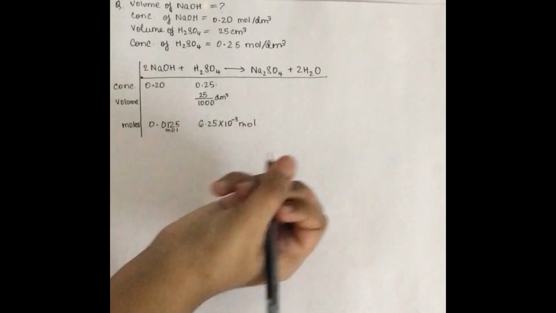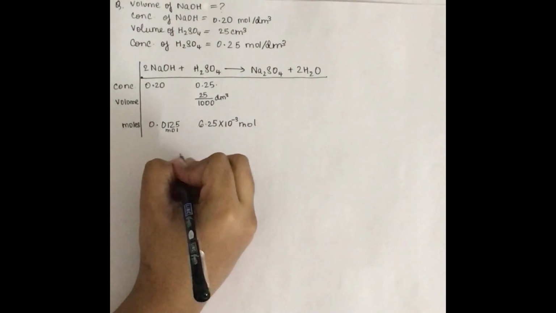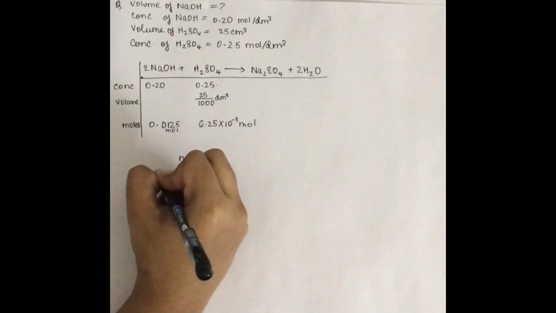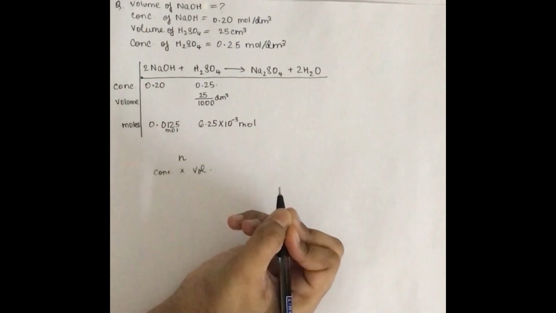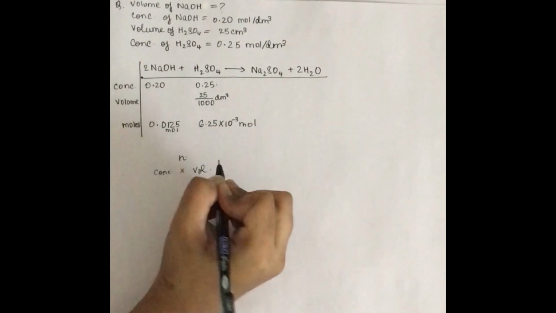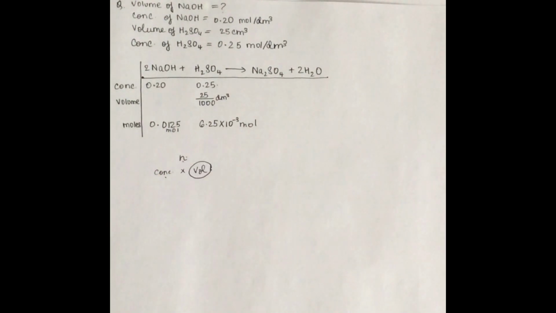So now we have the moles, we have the concentration. We make the formula triangle or write out the formula. Number of moles is equal to concentration times volume. We have the concentration and the number of moles, so we need to find the volume: divide the number of moles by the concentration.